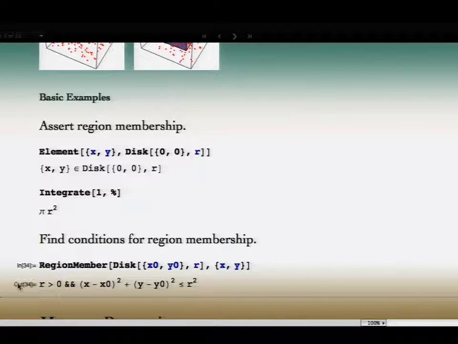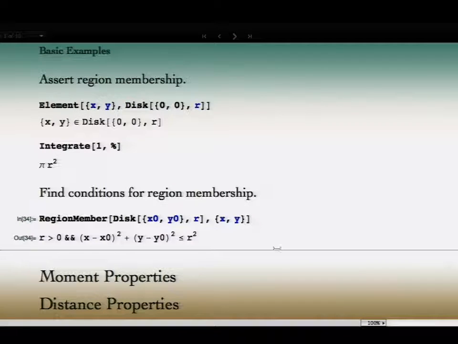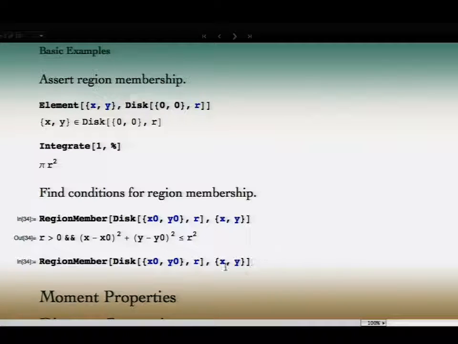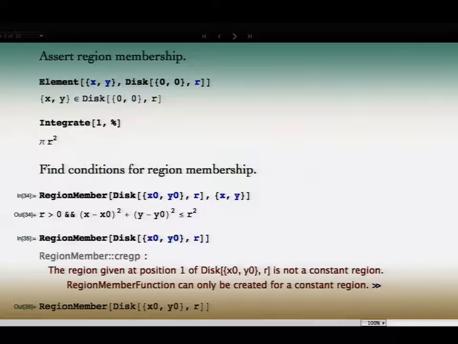If we ask for member and we use variables, we'll actually get the symbolic formulas for it. Okay. So this one, the element function wants what we call a constant region, one that doesn't have parameters in it.